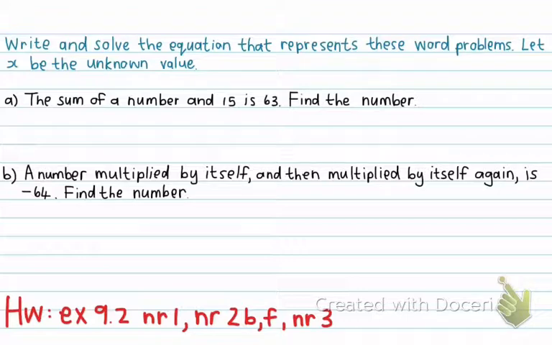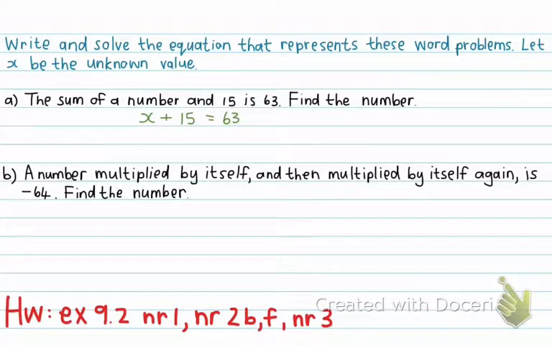All right, so let's see. They say the sum of a number, we don't know what the number is, so let's call it x. The sum means I should add: the sum of a number and 15. Okay, so there you see the sum of a number, which is x, and 15 is equal to 63, and we have to find the number.